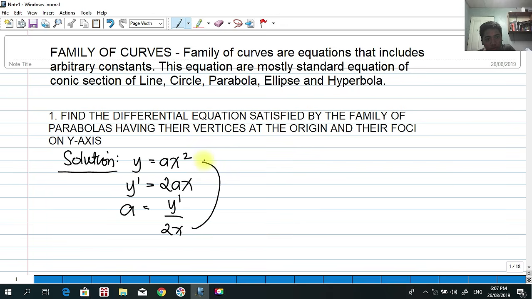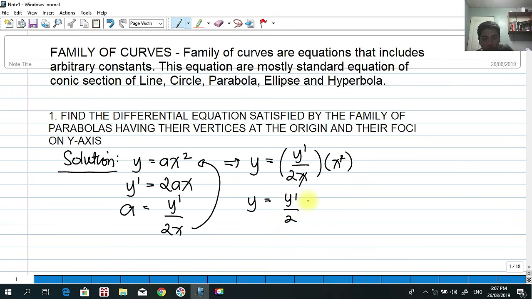We're going to substitute it back into our working equation so that it becomes y equals y prime over 2x multiplied by x squared. As you can see, the x here would cancel. We are left with y prime over 2 multiplied by x, where we have 2y equals x y prime, or in other words, x y prime minus 2y equals 0.